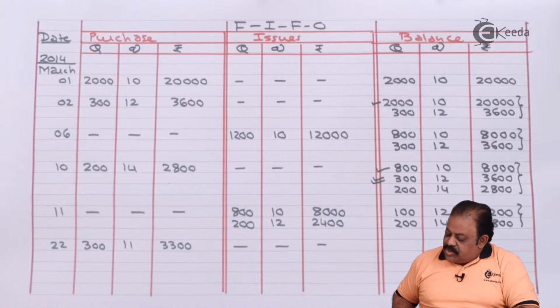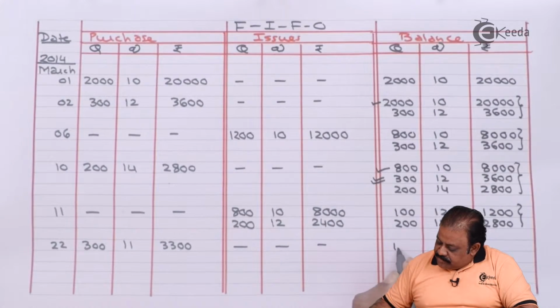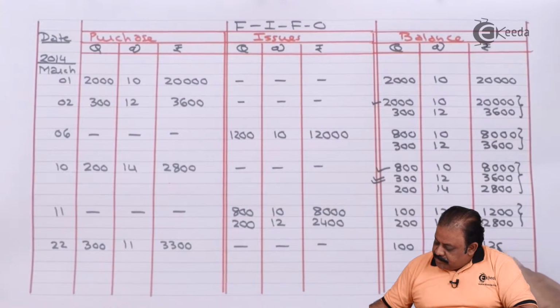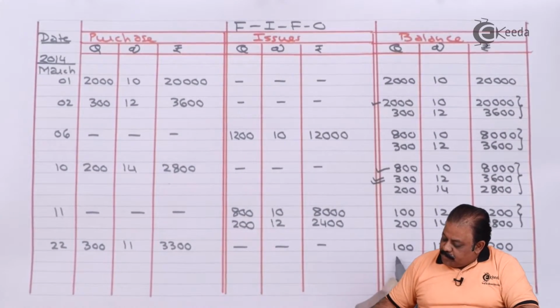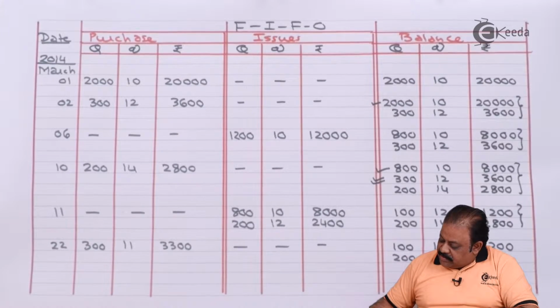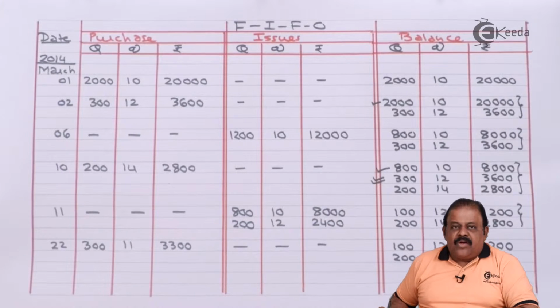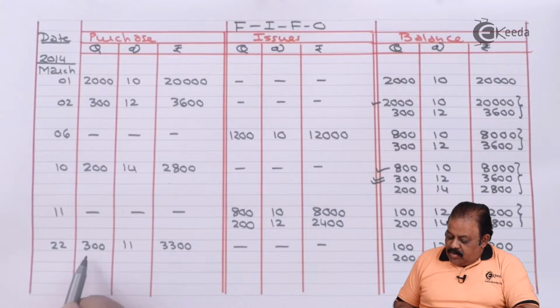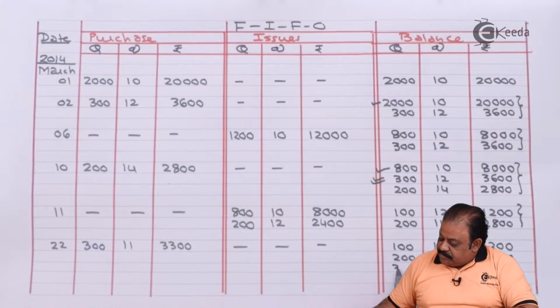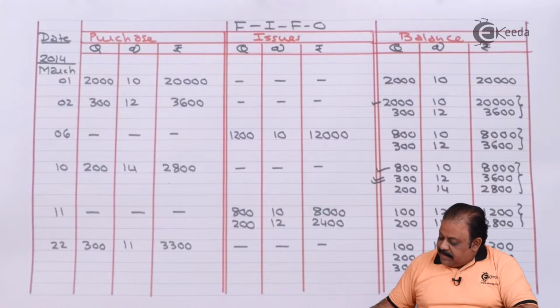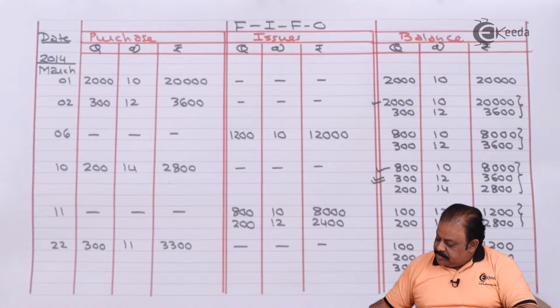We'll be recording closing stock 100 units at the rate of 12, 1,200. 200 units at the rate of 14, 2,800. And now fresh purchase 300 units at the rate of 11, 3,300.